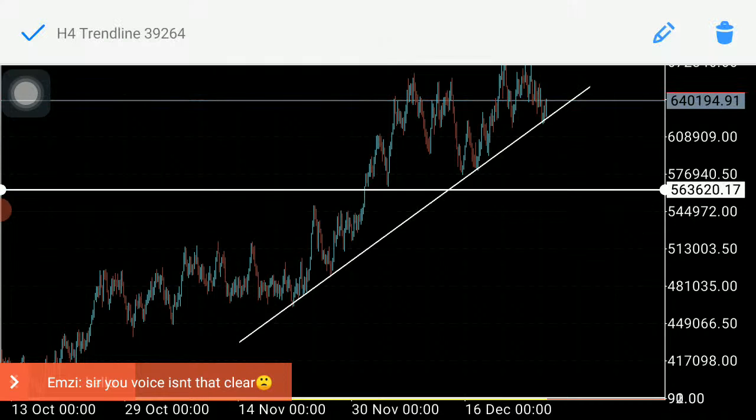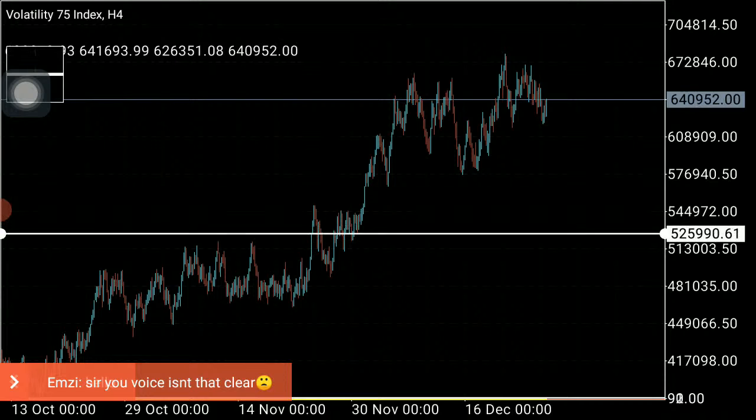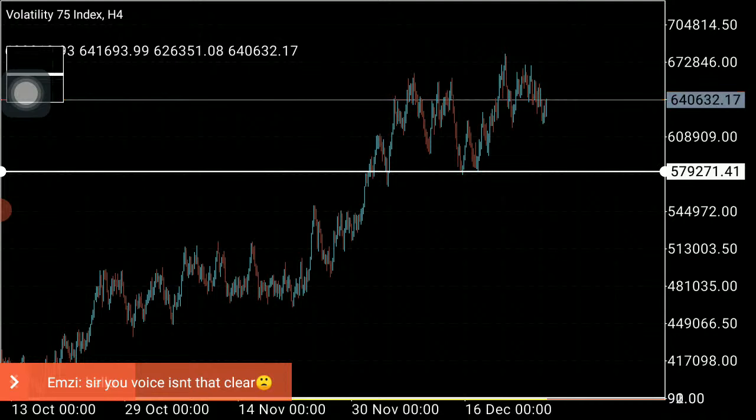Now, you don't just take trend lines and put it anyhow. For a trend line to map out a real support level, you have to make sure it touches at least three different support levels or resistance levels. At least 3 make it real, or 2 latest.